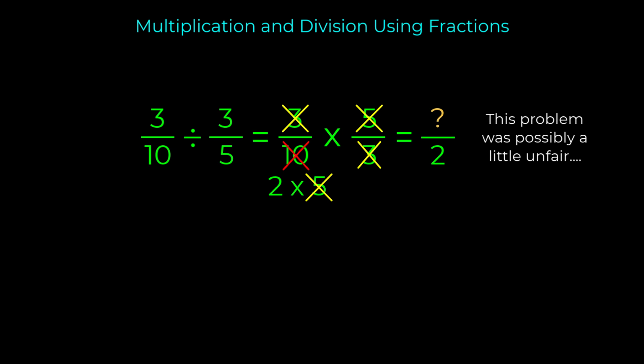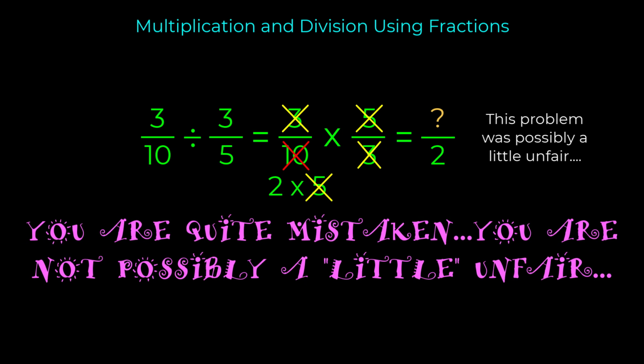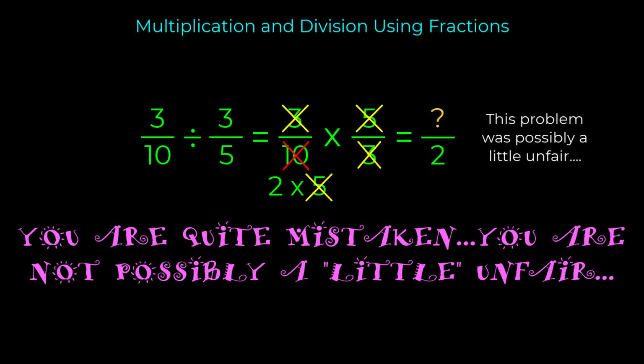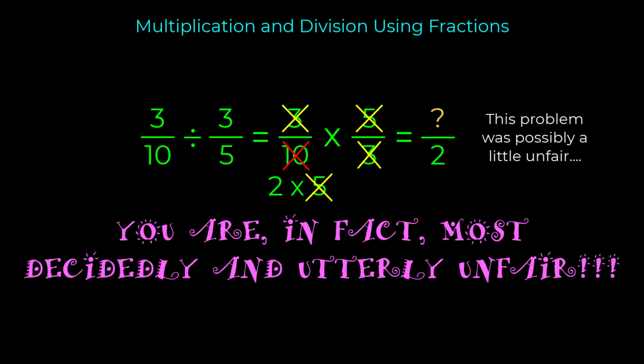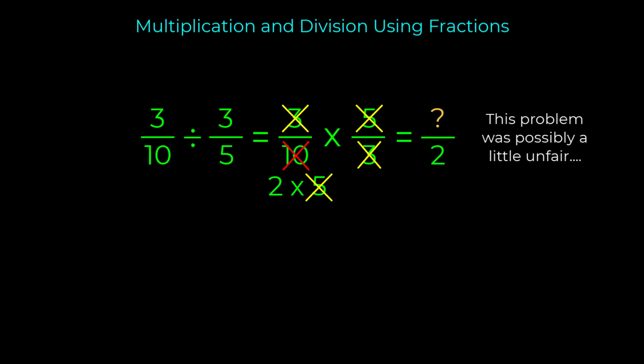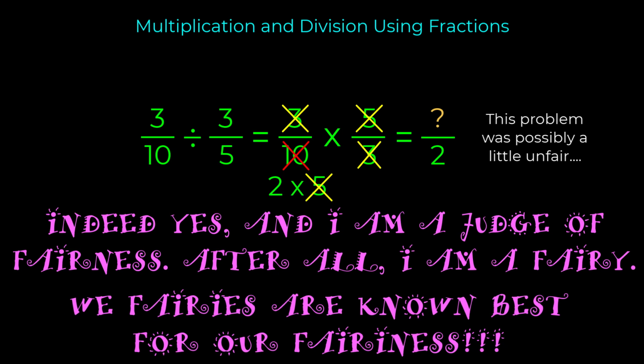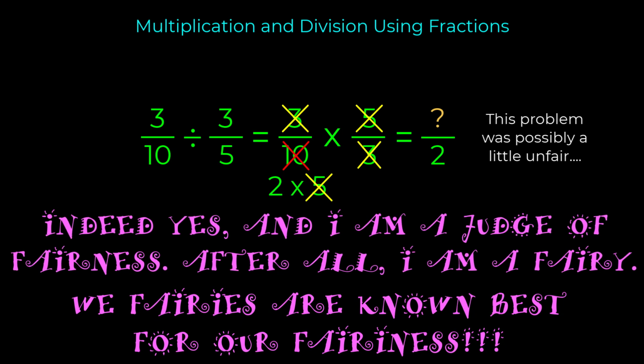Uh-oh, here we go again. You are quite mistaken. You're not possibly a little unfair. You are in fact most decidedly and utterly unfair, to the point of being capricious. Capricious? Indeed, yes, and I'm the judge of fairness. After all, I am a fairy. We fairies are known best for our fairiness.